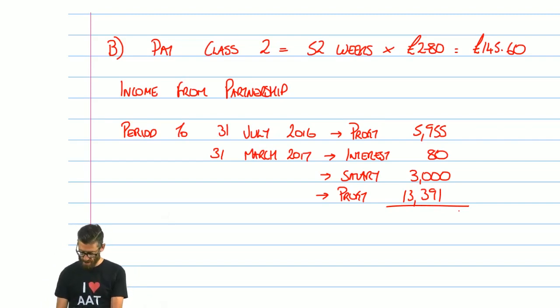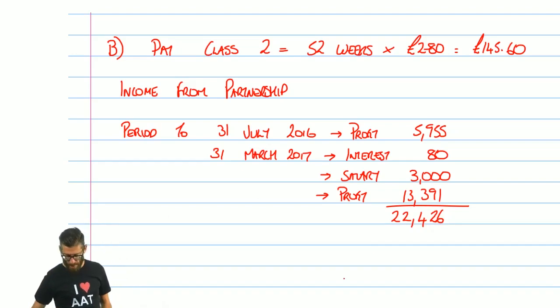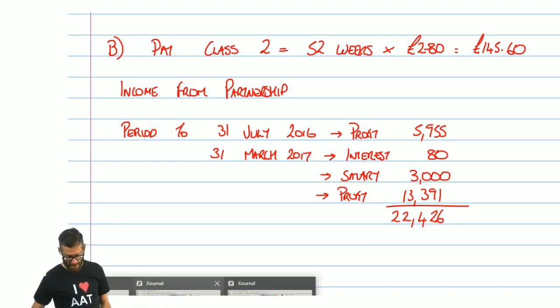So his 5,955 plus 80 plus 3,000 plus 13,391 gives us 22,426. Guys, there is 0 to be paid at 2% because he hasn't exceeded the upper threshold.